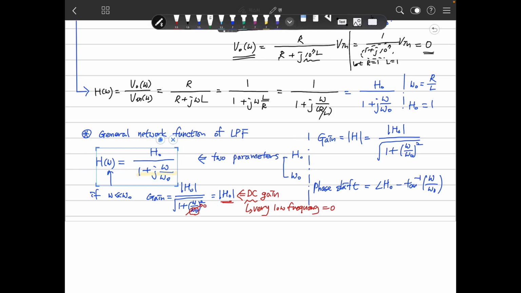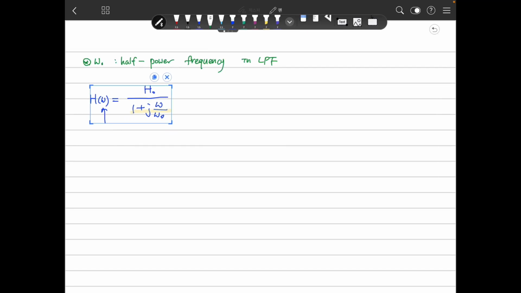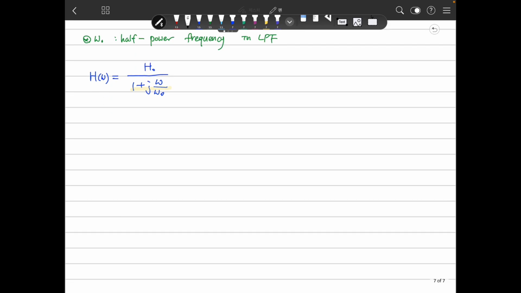This is another form of the low pass filter. Then if V in is a cosine omega t, then what is VO?